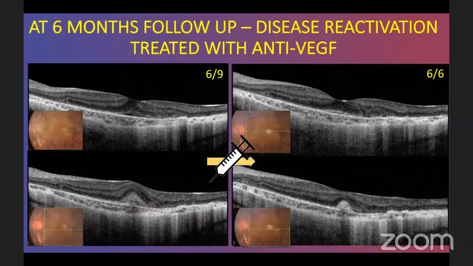Because the new CNVM has come from the edge of the previous scar, from the stalk that you are seeing. There was no new break, and no new stalk or CNVM has come from some other place. So it's very difficult to say it's because of the TTT or recurrence.